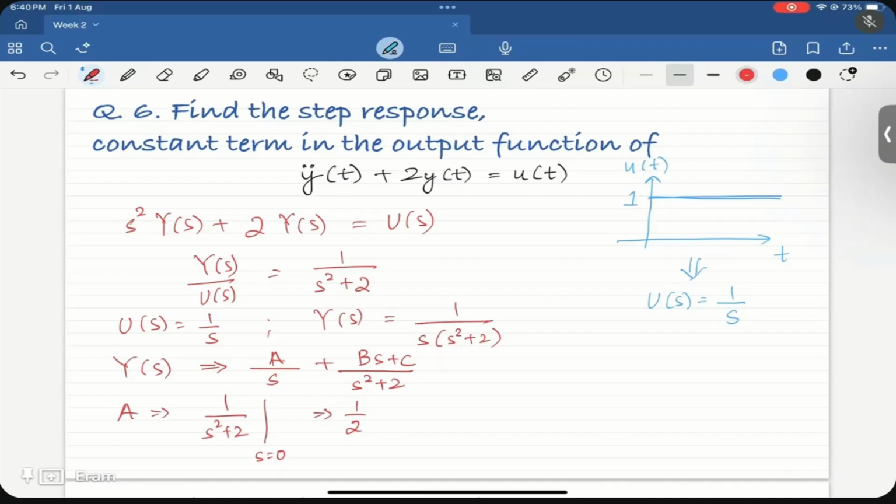And then how can we find B? We will solve for the numerator, so this should be equal to 1/(s(s² + 2)), right?